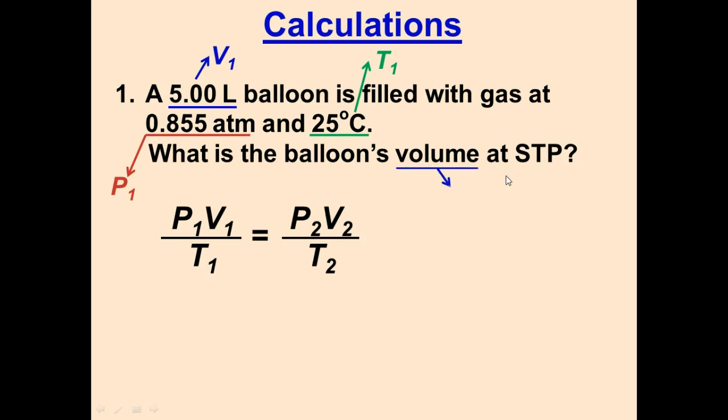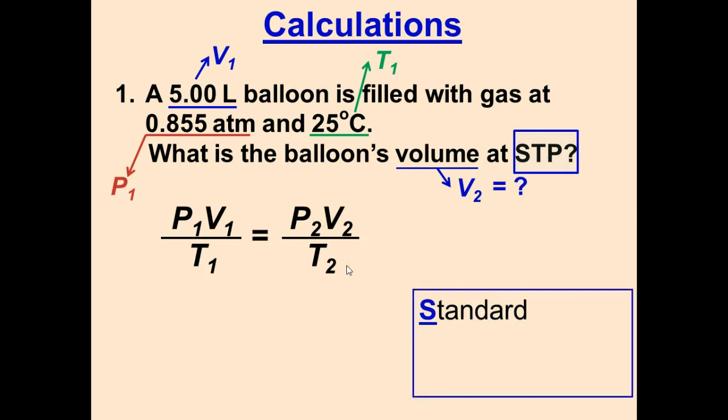And so we want to find V2, but why? What is STP? How do we know the final temperature and pressure? And STP, by the way, stands for standard temperature and pressure. So that indirectly gives you the pressure and temperature.